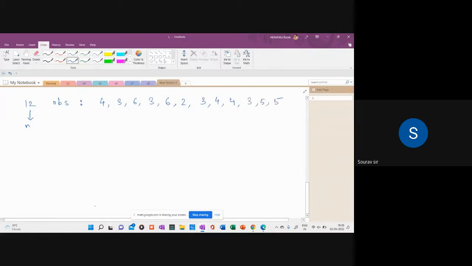So these are my observations if I'm not wrong. Just check it once against the question before you write it. So these are my 12 observations, and my PMF f(x) is already given in terms of theta.